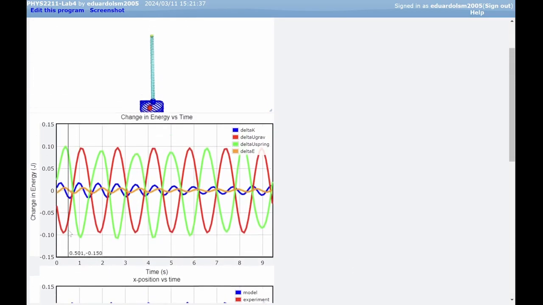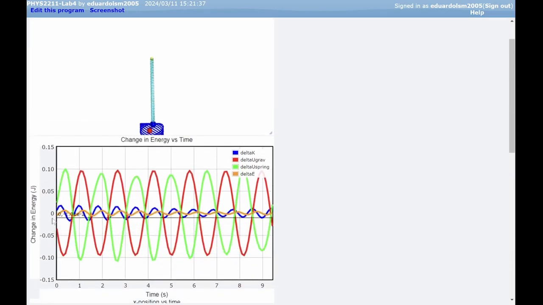And here we can see there's a bit of changing total energy, and that's probably because of the iterative method for the simulation, which causes a bit of error when we calculate the velocity for the kinetic energy. But besides that, we can clearly see that the energies switch between each other, and in general, it's very much conserved throughout the whole experiment.